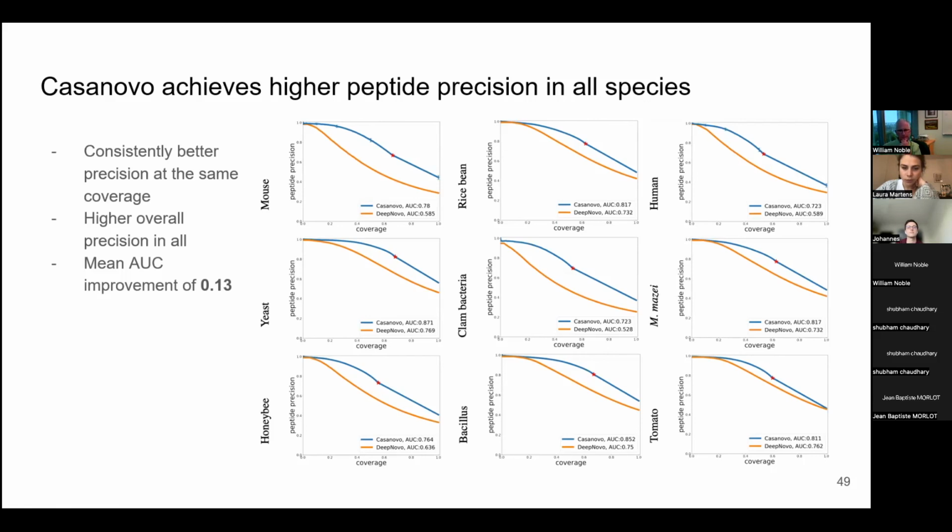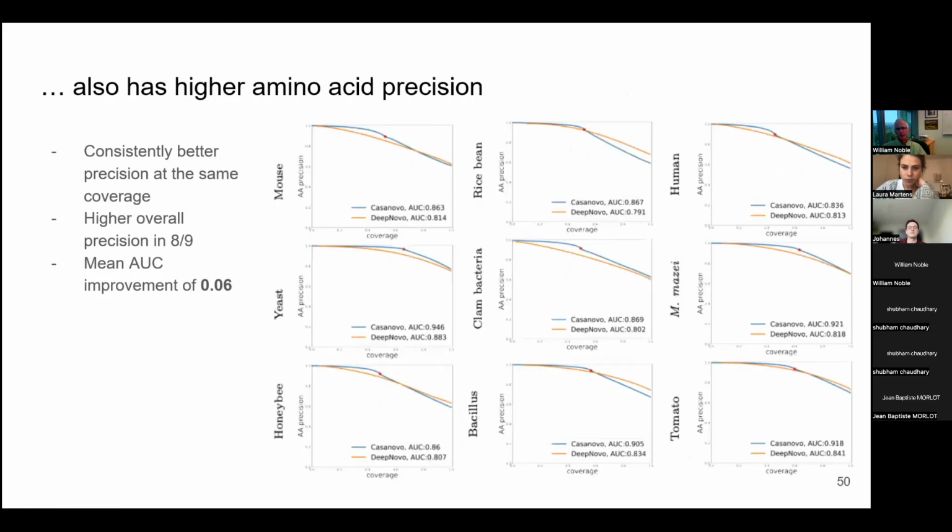And so you can also make an amino acid precision curve. For this one, we also improve upon DeepNovo, although the improvement is not quite as pronounced. You can see that the red stars are all above the line. And beyond that, in this part of the curve, sometimes we don't do as well, but I would argue that's not the most interesting part of the curve anyway.